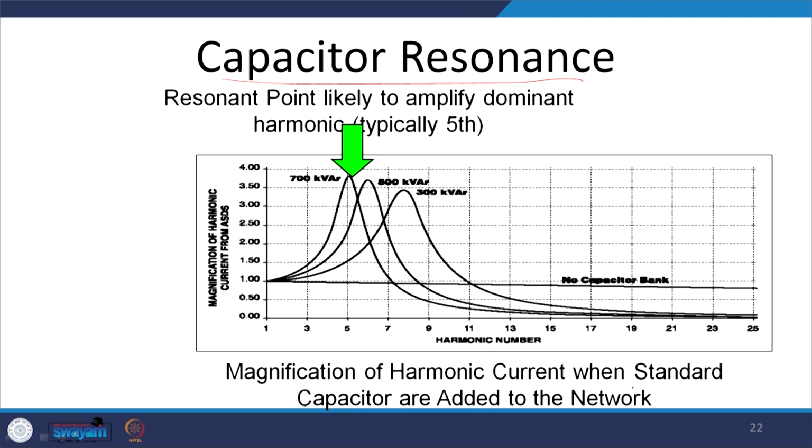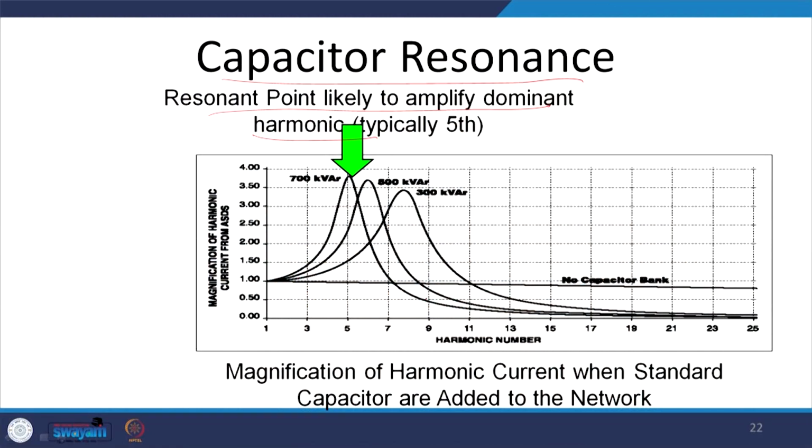You can see that the resonant point is likely to amplify the harmonic, typically the 5th harmonic, depending on the leakage reactance of the transformer and the values of the capacitor. Here this is the harmonic order, and this is with no capacitor bank.